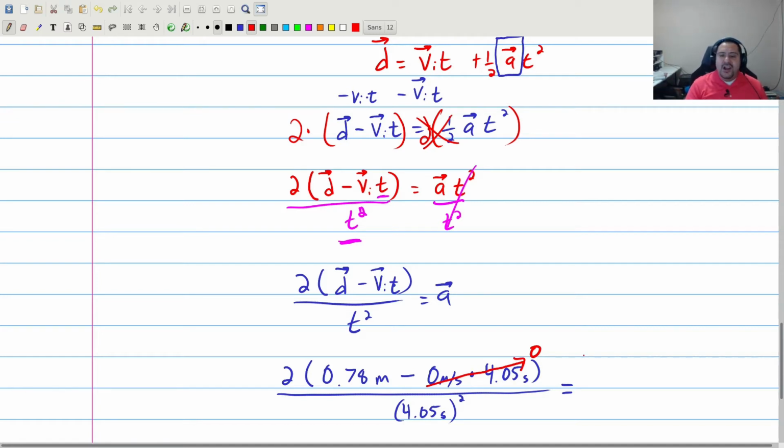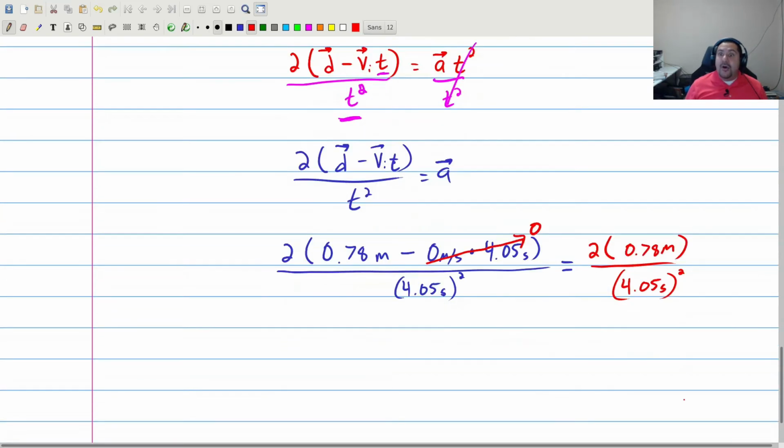So really, I can simplify this down to 2 times 0.78 meters divided by 4.05 seconds squared. Now all we have to do is type that into our calculator.